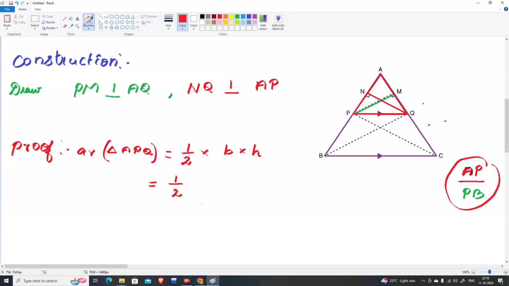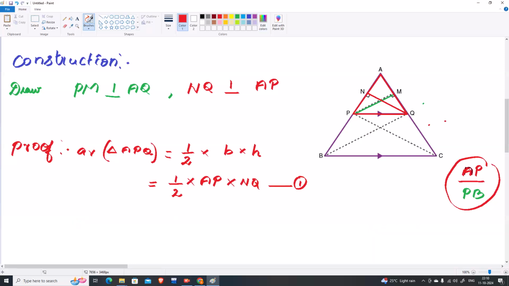We are considering AP as the base. If AP is the base, what is the height? The height is the red line we have already drawn, that is NQ. We give the number 1 for this equation.